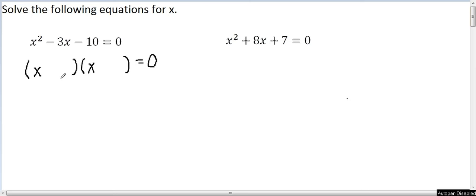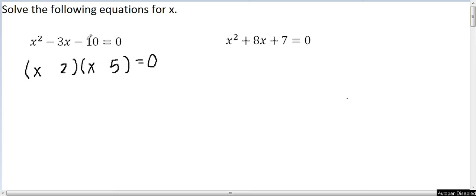To find out what the other numbers are, we factor 10 into its factors in pairs, so we either get 1 and 10 or 2 and 5. Once again, as in the previous video, whenever we have a chance, unless this middle term is really big or really small, we want to first check the factors that don't include 1, and that's 2 and 5.